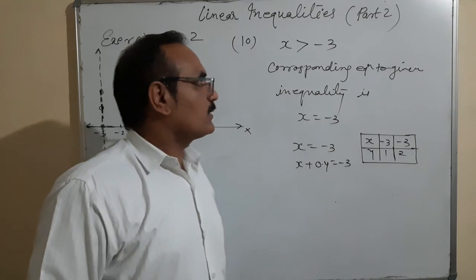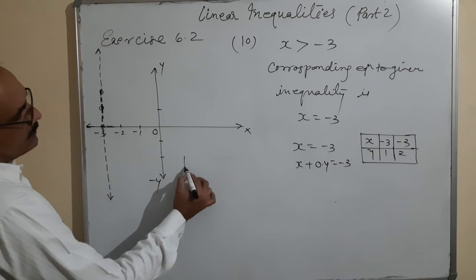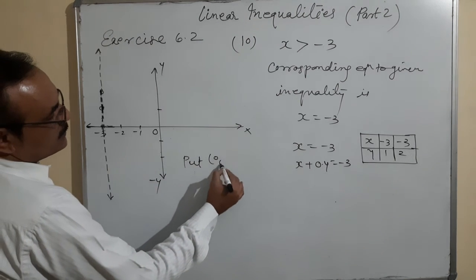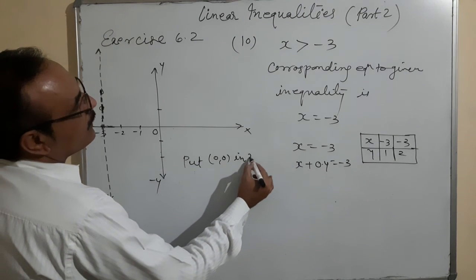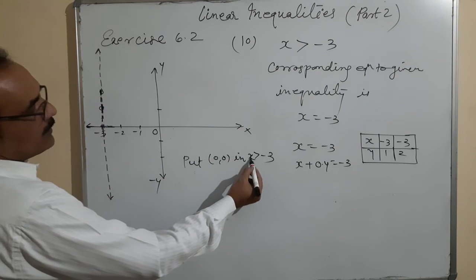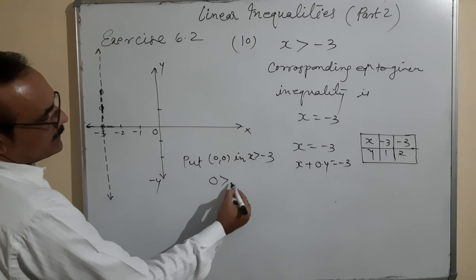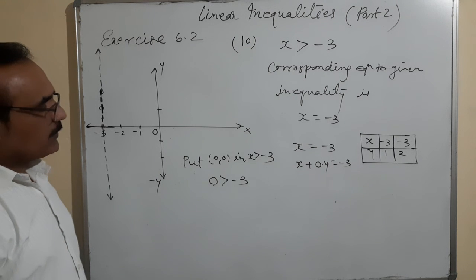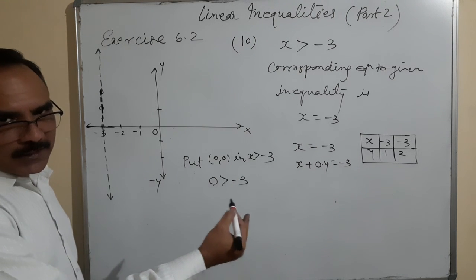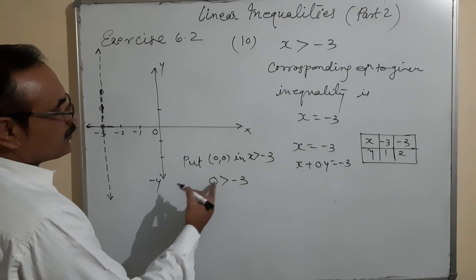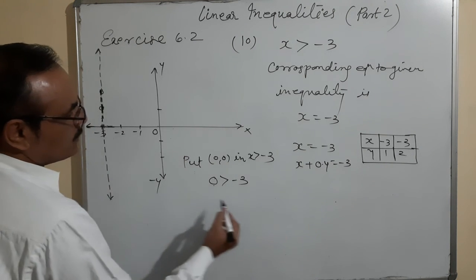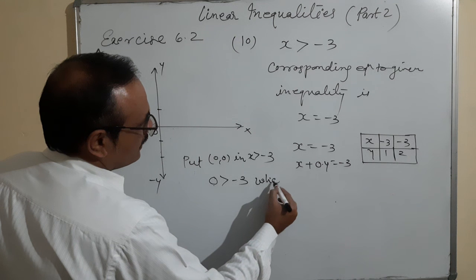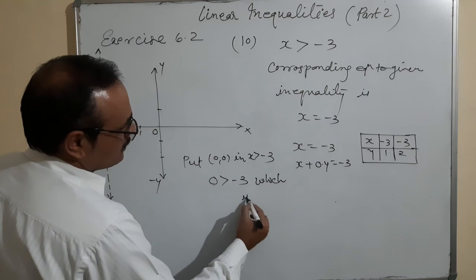Now I'll see again origin, put 0, 0 in x greater than minus 3. So when I put in place of x, 0 is greater than minus 3. Whether 0 is greater than minus 3, yes or no? Yes, because 0 comes on the right hand side to the minus 3, therefore it's greater. So 0 is greater than minus 3, which is true. And which is true, what does it mean?